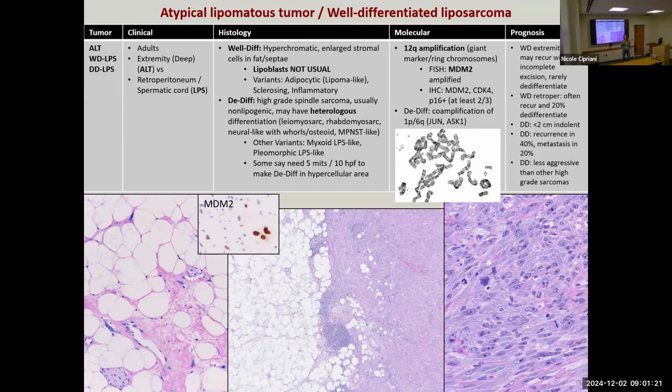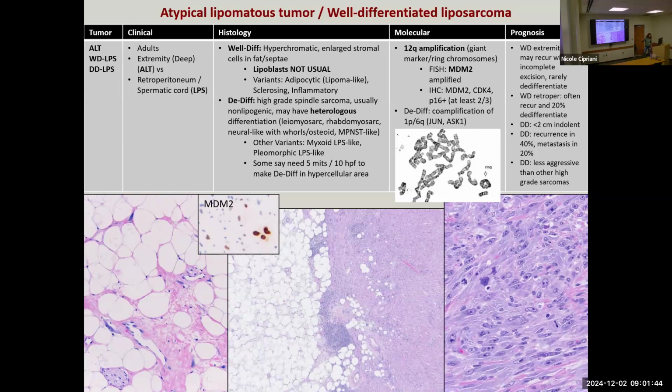So always think about liposarcoma, even if you don't see fat, if you see those kinds of cells, and throw your MDM2. If they're positive in those cells, you have an answer. In dedifferentiated, you basically lose the fat, you gain hypercellularity, and you gain mitoses. Now you're high grade.